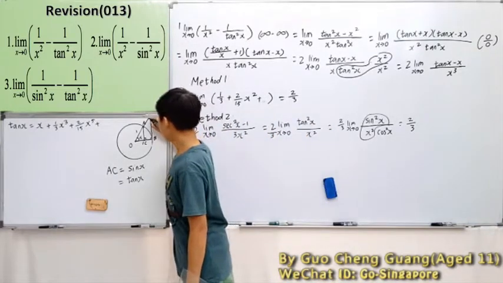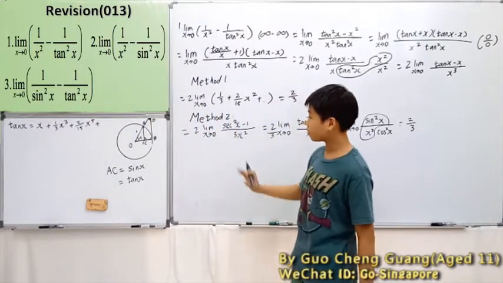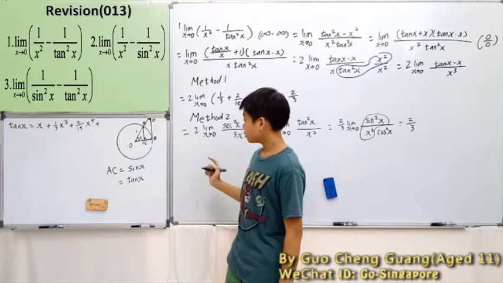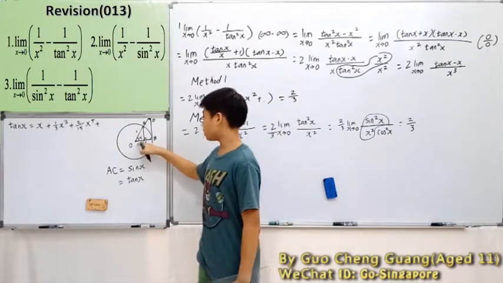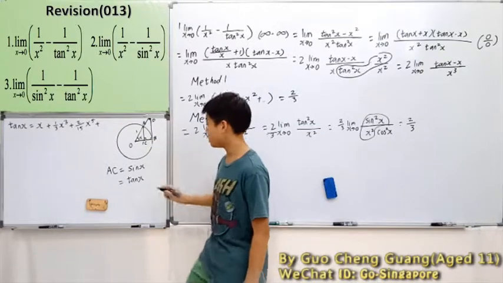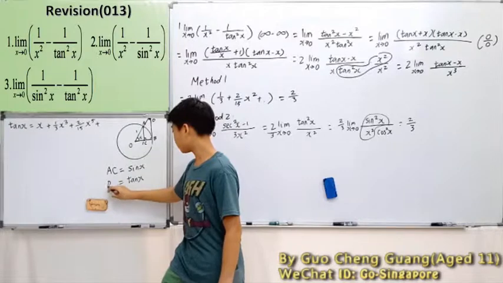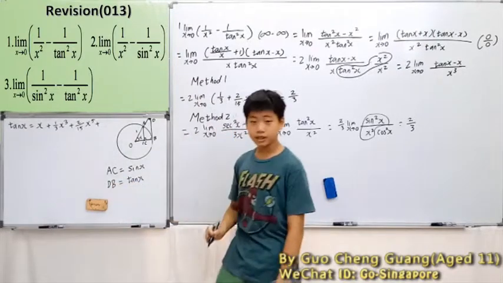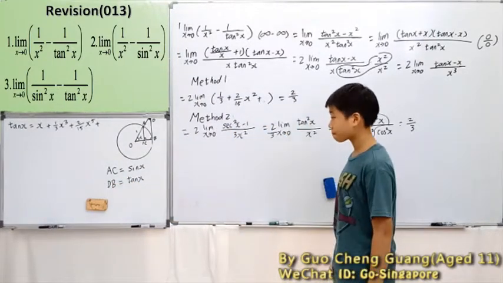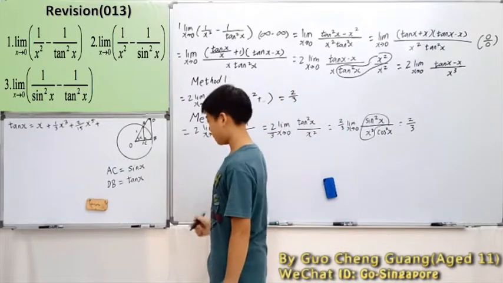And for example, if we call that point over there D, now opposite over the adjacent is 1. So that means tangent x is actually DB, like this. Now you have AC and you have DB.